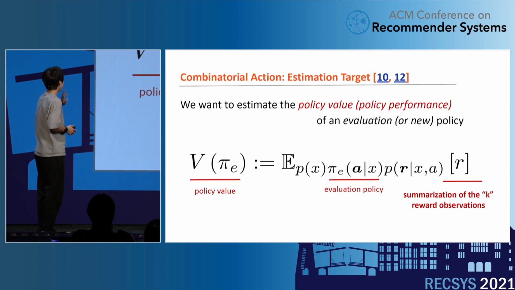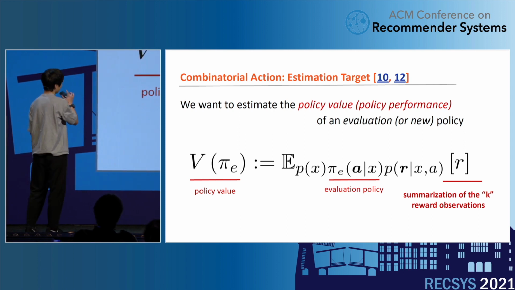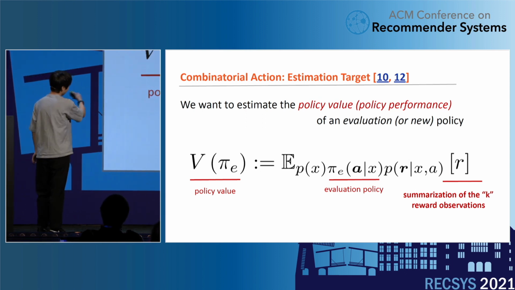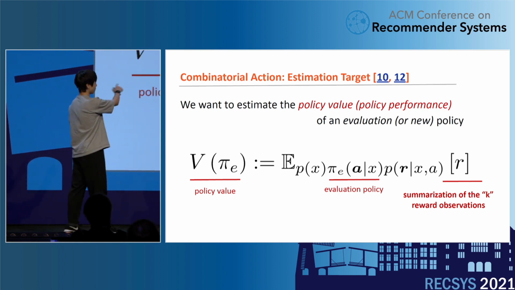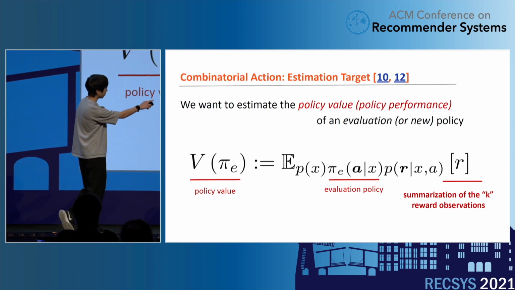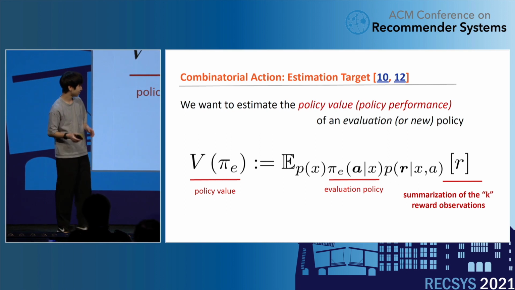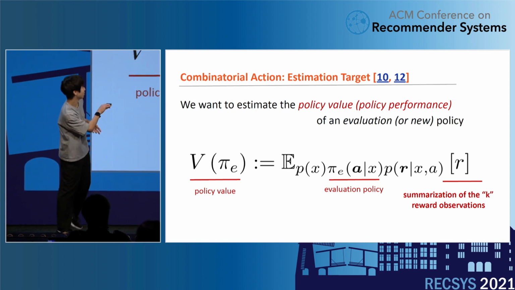So V of pi E is the policy value, and pi E is a new policy. We want to evaluate this new policy without deploying it. Before deploying this policy to the real field, we want to have confidence in the performance of the new policy. And the policy value is defined as the expected reward obtained by running the evaluation policy in the real field. So this is basically the same as the previous standard setting, but there's some difference in notation.